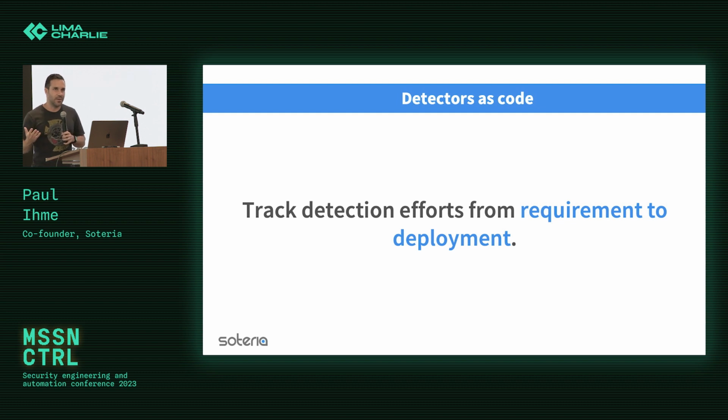If anybody here has ever gone through a SOC 2 audit and you've got an engineering team, that's one of the big things they're going to look for: every commit you make into your main branch, every push into production, they want to be able to track those changes back to a hard requirement that was put in place by your product manager, right? And so we're looking at this and asking, why wouldn't we do the same thing for our detections?